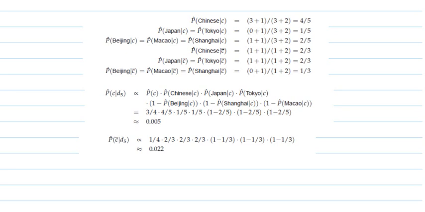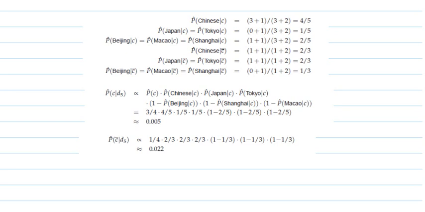So when we calculate these probabilities, we see that Chinese is present in 3 documents, and there are 3 documents in total. So we add 1 in the numerator and 2 in the denominator, and in this way we can calculate all the class conditional probabilities, right?